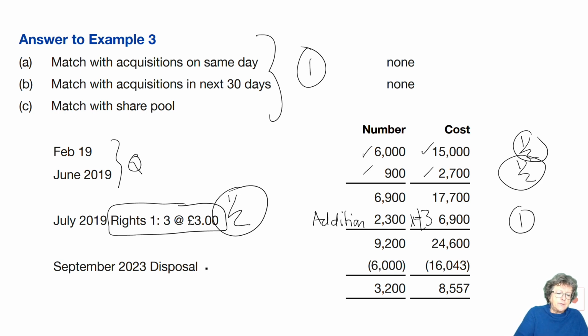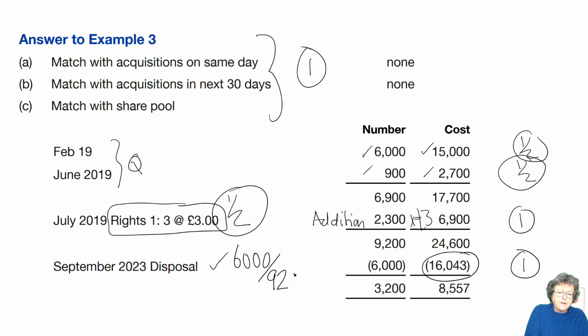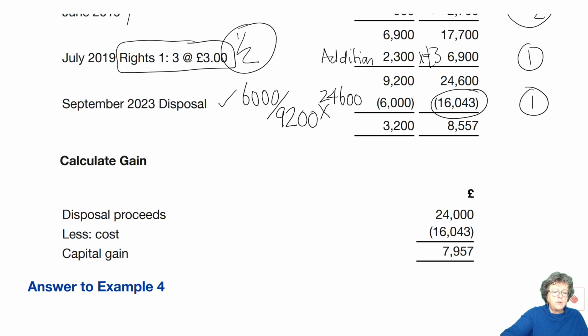You'll then get probably another 1 mark for dealing with that, which is 6,000 shares which we've sold out of a pool of 9,200 multiplied by 24,600, which gives us 16,043. Proceeds less cost equals gain.